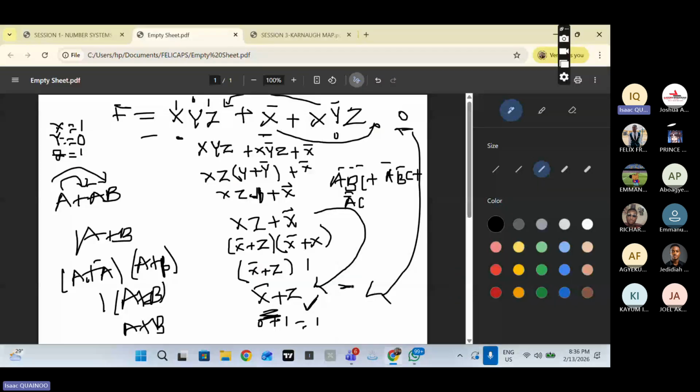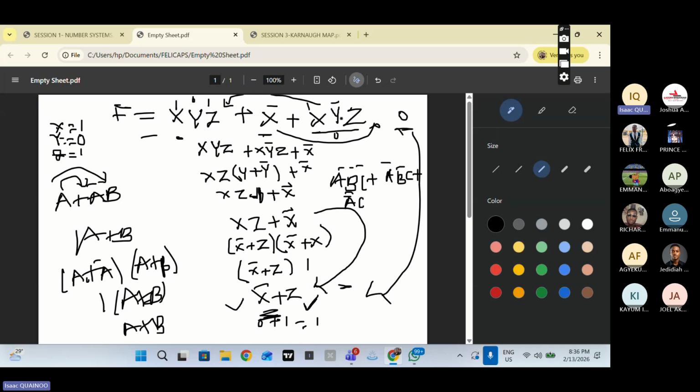Let's kindly revisit this again. I took a thorough look at it and I realized that I made a mistake. When it comes to testing our inputs, the answer is correct. X bar plus Z is the correct answer. But let us look at the input again. This particular input here is X, Y bar Z. Our input X is 1, so this X here is 1.